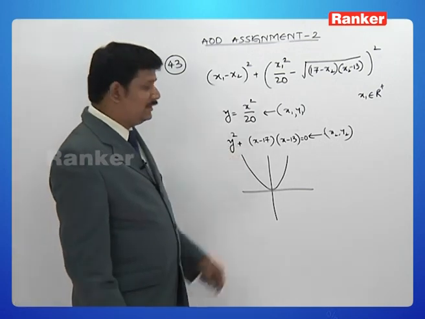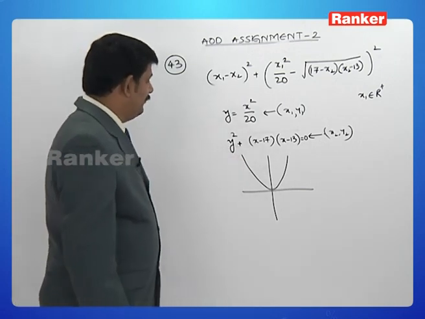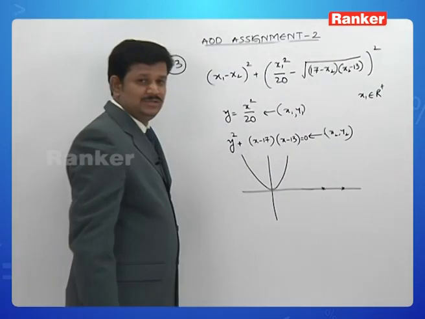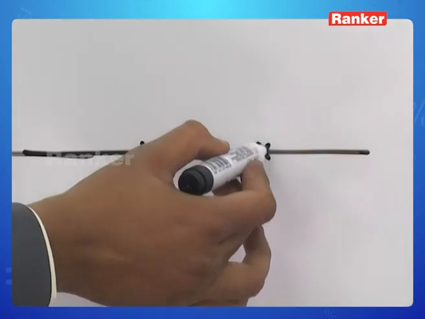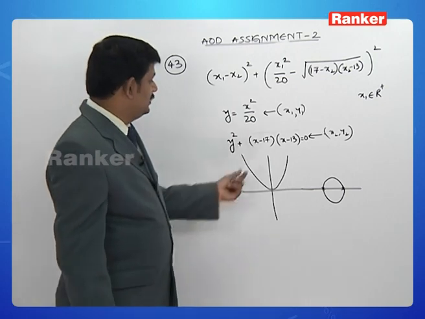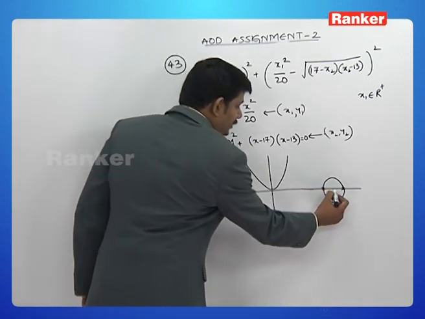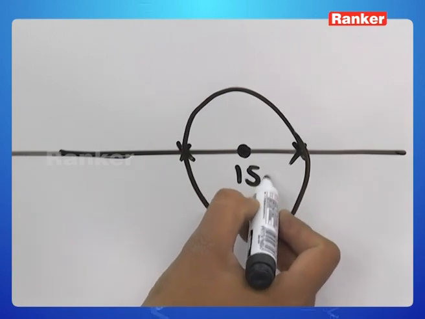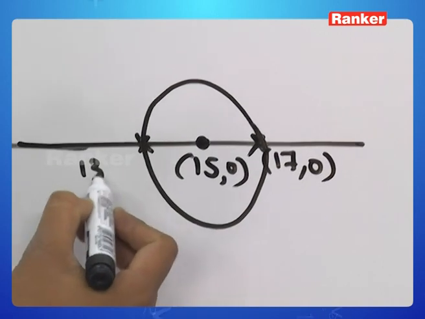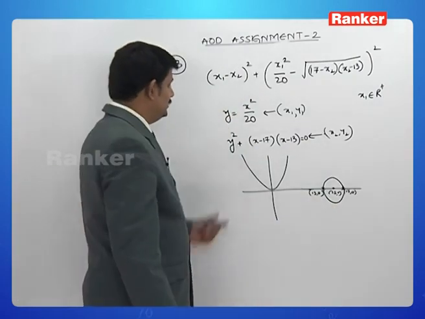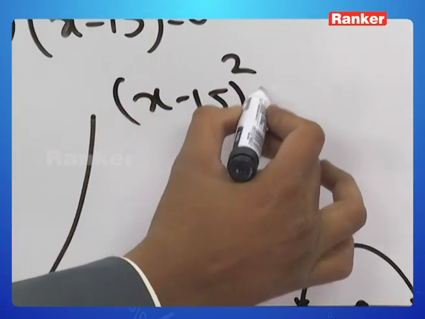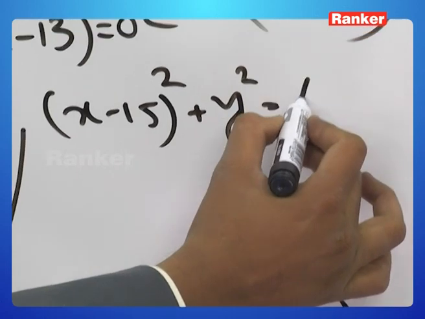Now this we can identify as a circle with the diametric ends as 13 comma 0 and 17 comma 0. So the center would be the midpoint of 13 and 17, 15 comma 0, and the radius would be 2 units. 15 comma 0 is the center, 17 comma 0 is one diametric end, 13 comma 0 is the other diametric end. This equation can also be written as x minus 15 whole square plus y square is equal to 4.